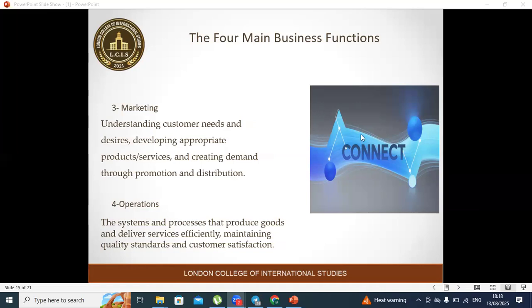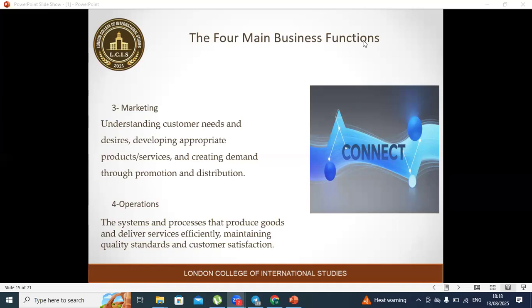Understanding customer or client needs and desires, developing appropriate products and services, and creating demand through promotion and distribution. Promotion, which means in Arabic الترويج, and distribution التوزيع. Okay, when and how and where I will provide and distribute my goods or my products or my services.